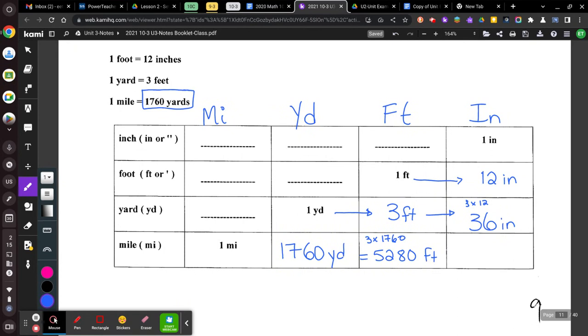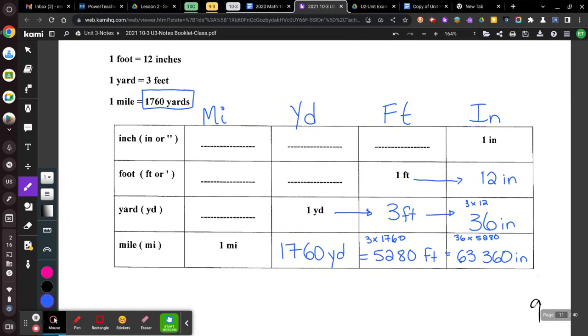Now we're going to go even lower. We're going to break it up into inches. So for inches, we've got 36 times 5,280, and that's going to give us 63,360 inches. So this becomes our conversion chart.